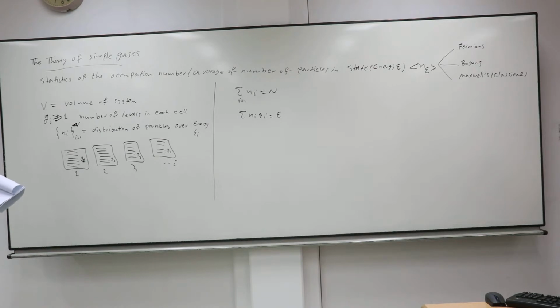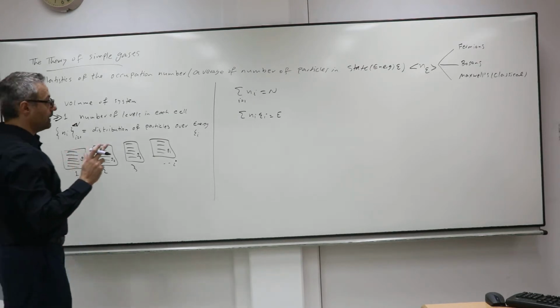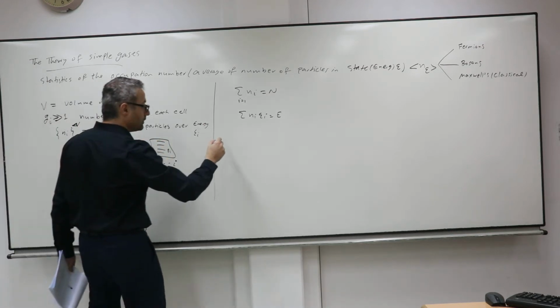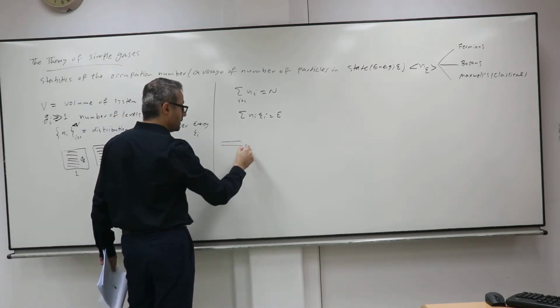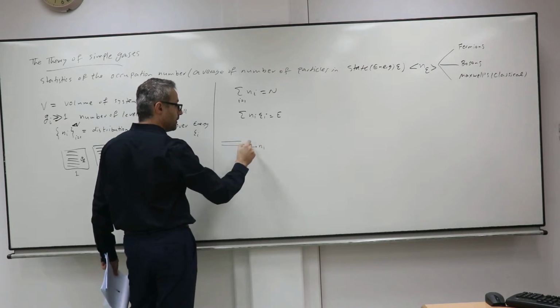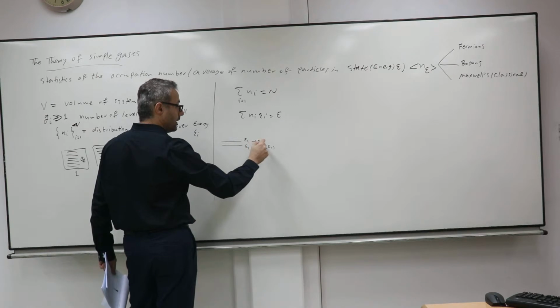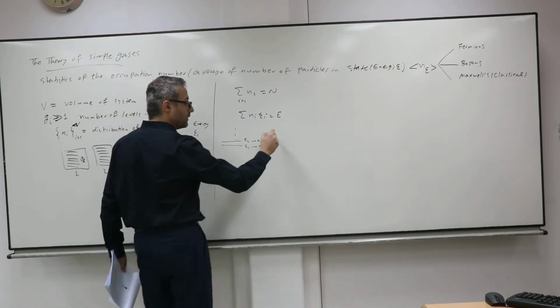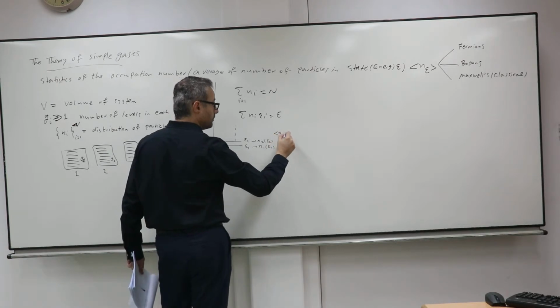This chapter and the next chapter will be about the statistical occupation number. I want to know that if energy level E1 has N1 particles with this energy and E2 has N2 particles, you can make an average from here, average Ni.